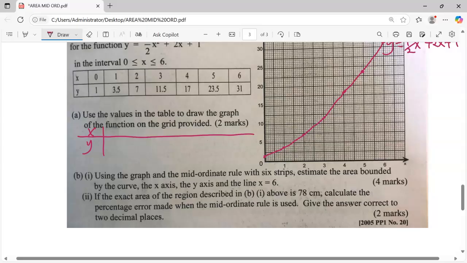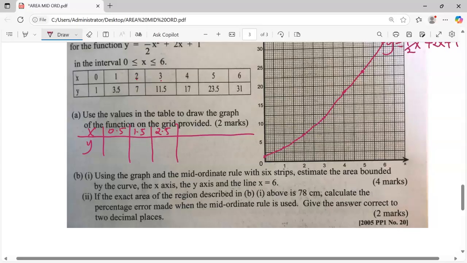We pick the midpoint by simply taking 0 plus 1, you divide by 2, you get 0.5. Then between 1 and 2, we have 1.5. You simply add the 2, you divide by 2. Between 2 and 3, the total is 5 divided by 2, you get 2.5.